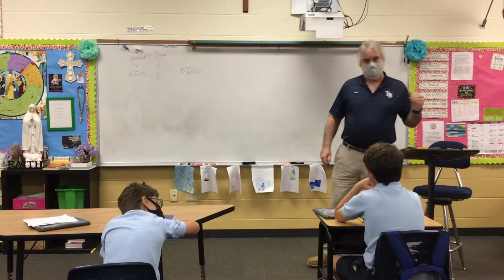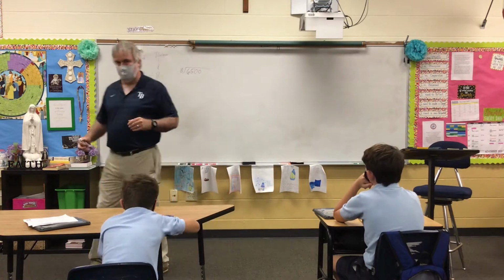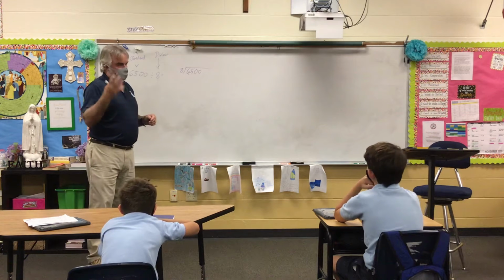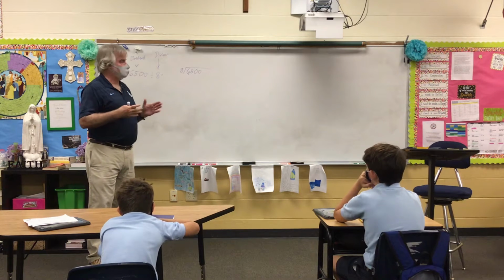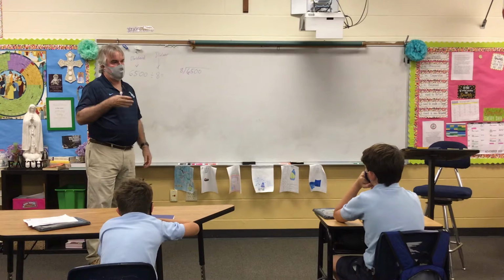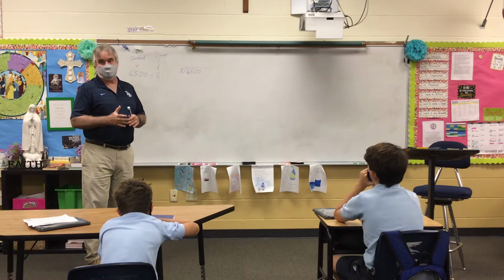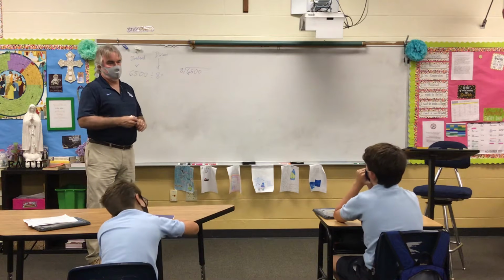Now, dividing is not that hard, but you're gonna run into a lot of places where you can make mistakes, so you have to make sure you're lining everything up. As long as you line everything up, you're gonna be fine, okay?